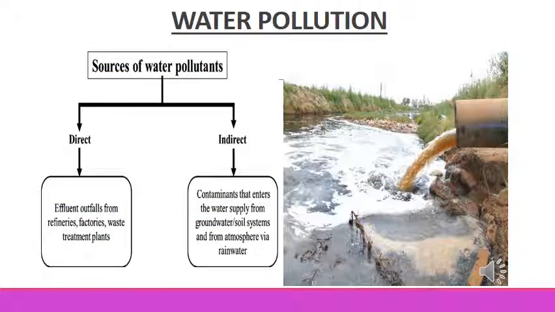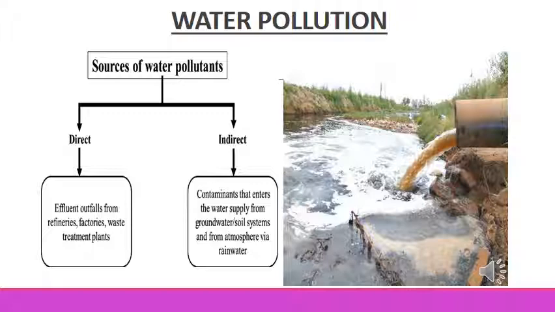Students, you know that water is a universal solvent. Because of this reason, different chemical reactions take place in all the living organisms. So that is why the different pollutants are also dissolved in water very easily. These water pollutants may be either a direct source or an indirect source of water pollutant.